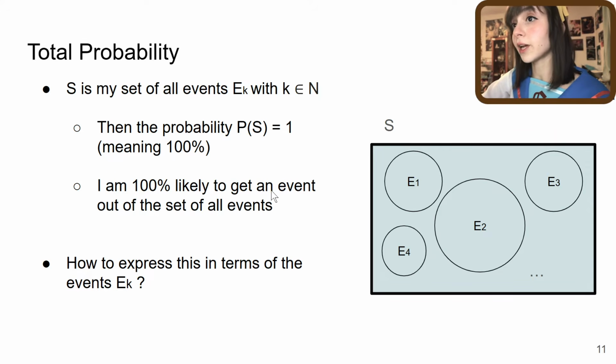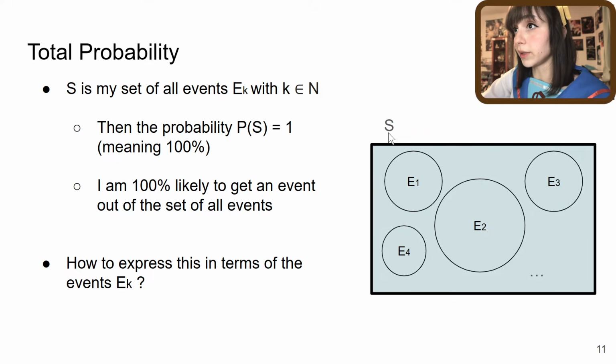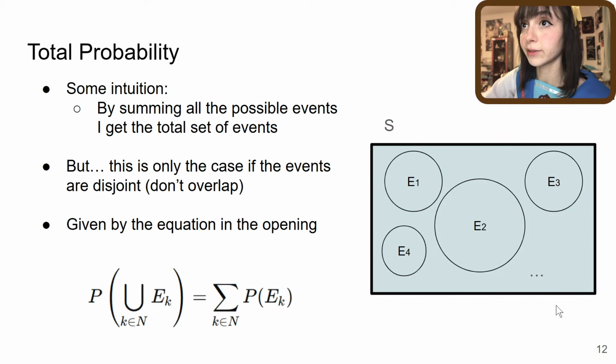I am 100% likely to get an event out of the set of all possible events, where the events are denoted E1, E2, E3, E4, and so on. Now, I express my probability as P of S, the probability of my set of outcomes. But how do I express this probability in terms of the total number of events?